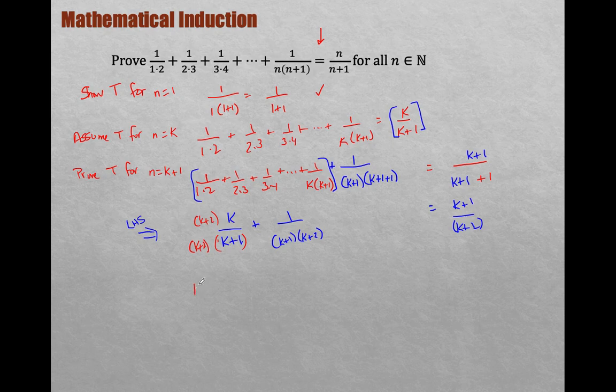So I have k squared plus 2k plus 1 all on top of k plus 2 times k plus 1.